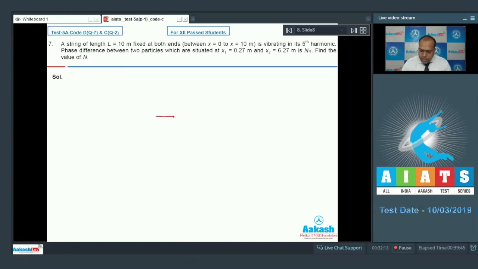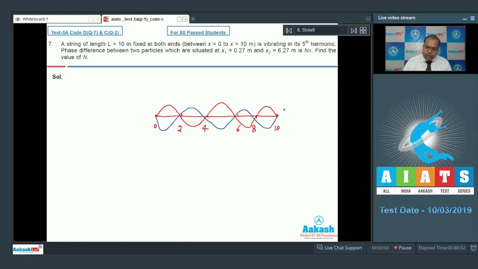This is the length of the string, this is my x equal to 0 and this is my x equal to 10. Since the string is vibrating in the fifth harmonic, if I make the loops, let this be 2, this is 4, this is 6 and this is 8, then the string is vibrating in this fifth harmonic.